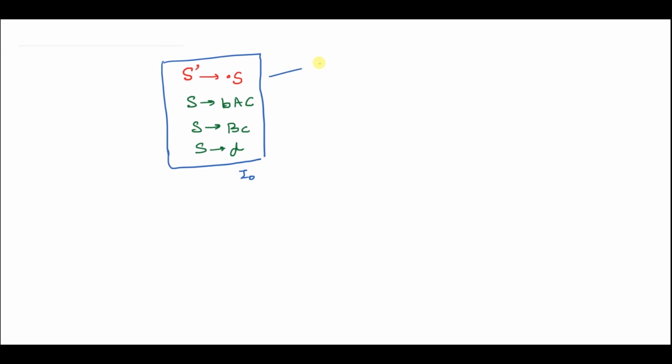On S, we go to S dash gives S dot. Since this is the final state, because we have seen the body of S and I am done with all these steps, I'll write it as I1. Now if I make a move on B, I'll land at S gives B dot AC.